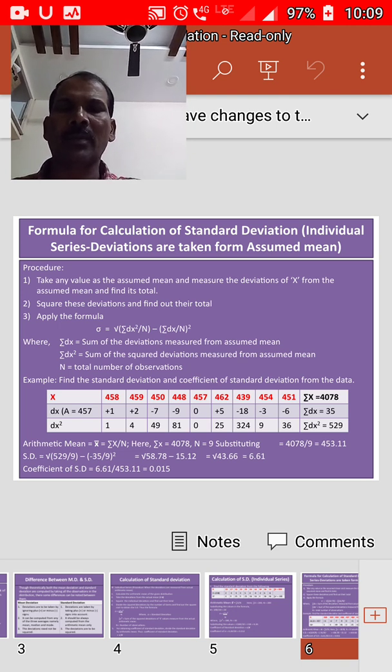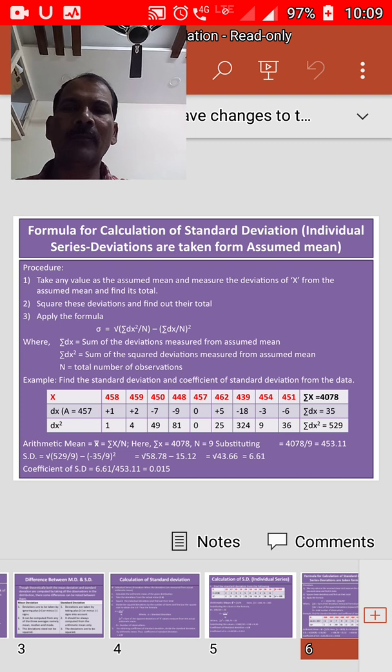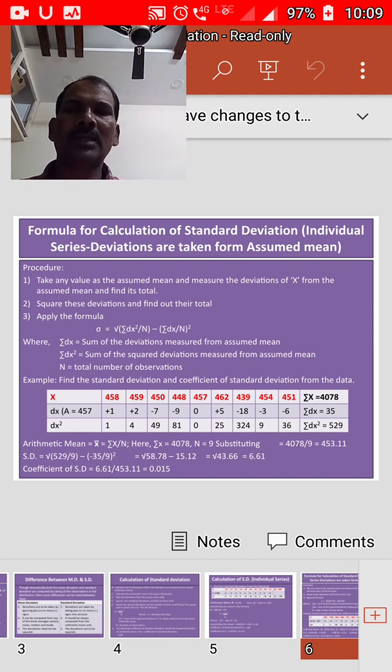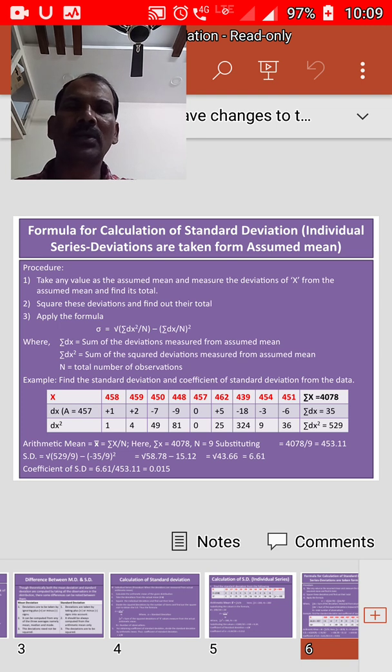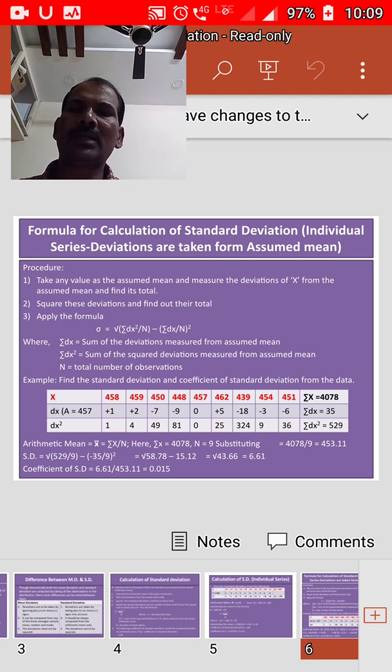If you see the ppt, small sigma standard deviation is equal to under root of sigma dx square by n minus sigma dx by n whole square. This is the formula for calculation of standard deviation from assumed mean for an individual series, right? Where sigma dx is equal to the sum of deviations measured from the assumed mean.